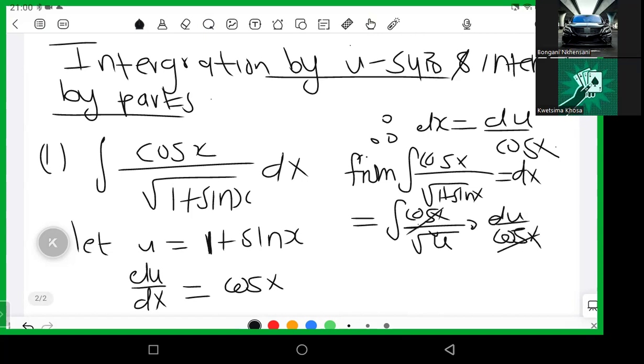So cosine x will cancel out with cosine x. Now we'll have the integral of u to exponent negative 1 over 2 du.